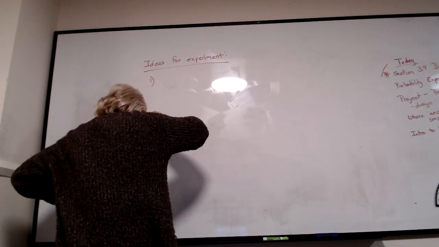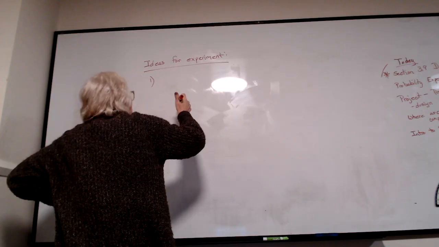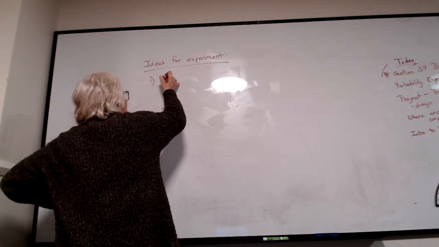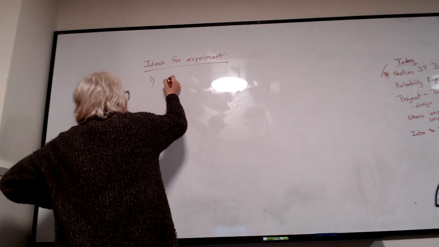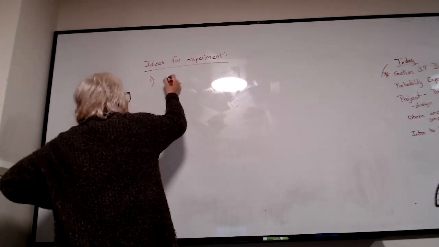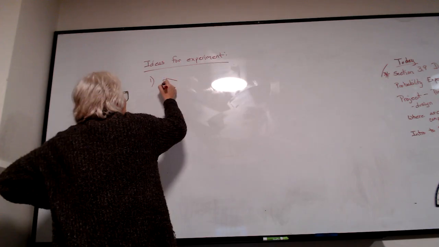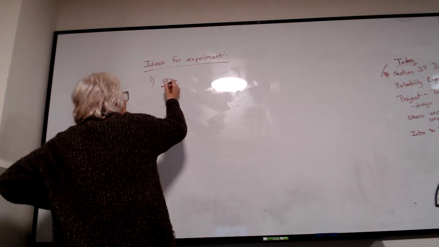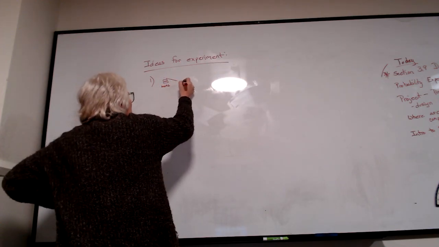Okay. You have some books piled up, and then you have a piece of cardboard. So these are books. This is a piece of cardboard.